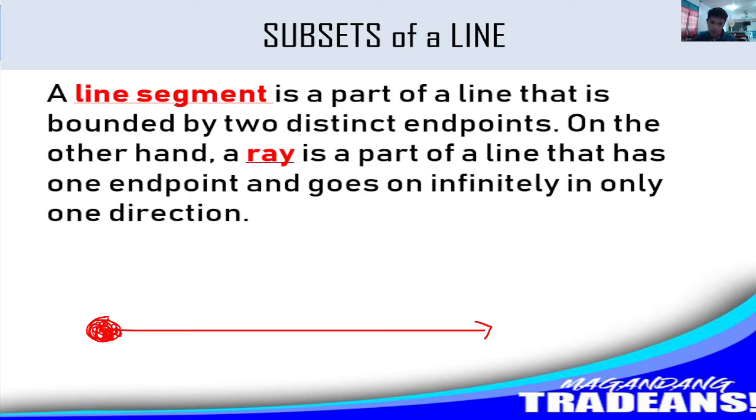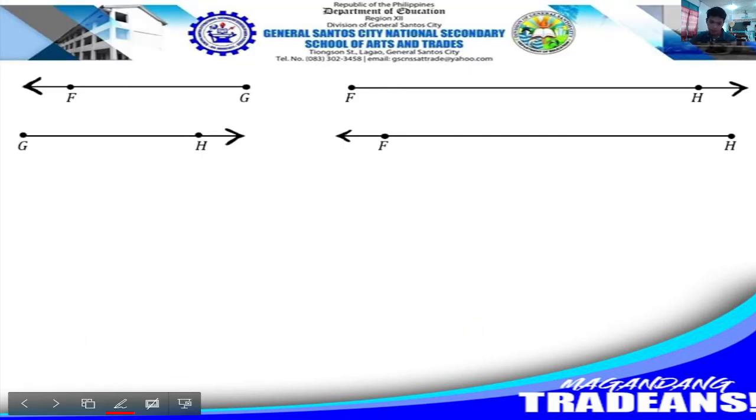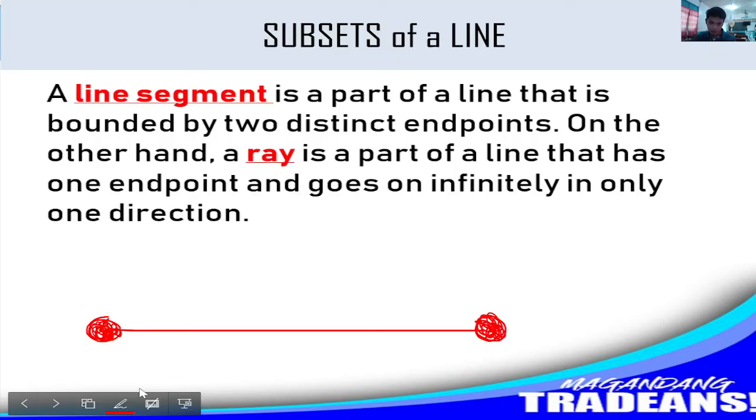That is now a segment. Okay. Pag sinabi mo namang ray, meron siyang arrow sa isang side, sa kabilang side naman, it's an endpoint. So that is a ray. This is an example of a ray.